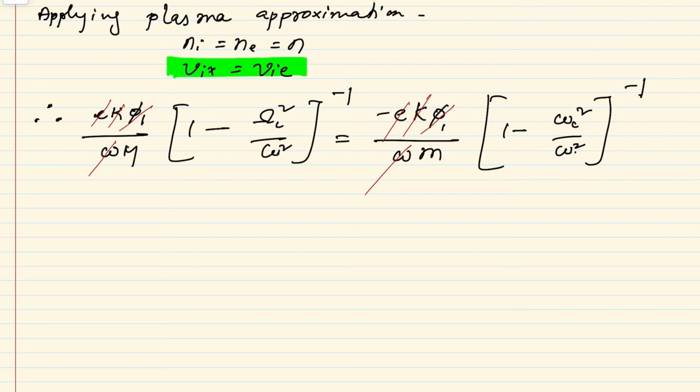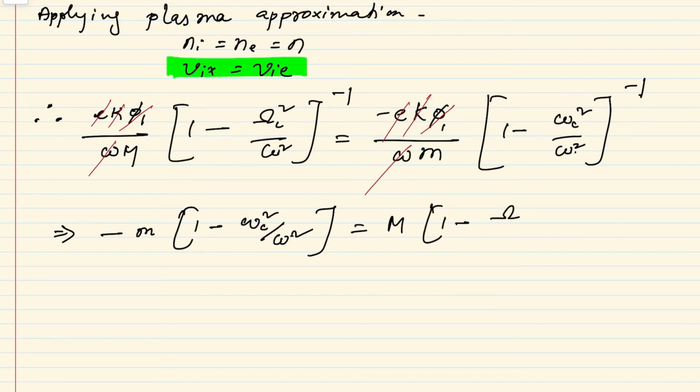Okay, so if you simplify this, what you are going to have after simplification is: minus m 1 minus omega c square by omega square is equal to capital M 1 minus Omega c square by omega square.